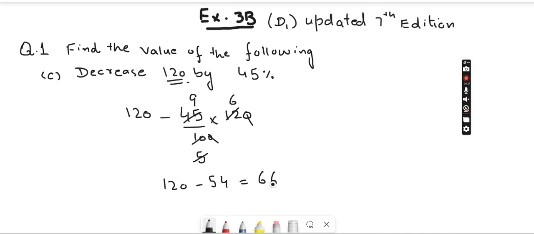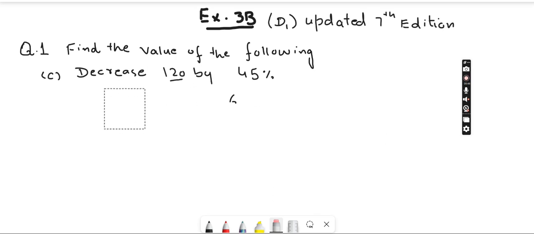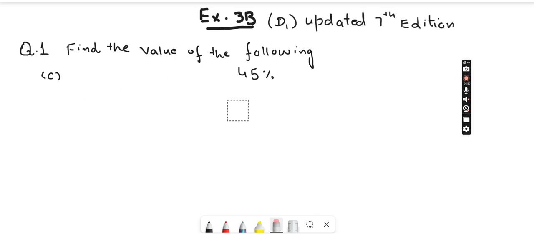After that, the D part is a little bit tricky. What D part says, this is also of decrease. Decrease 216 by, I'm erasing this one part of the question. So when you have to take increase, you will use the addition sign, or in case of decrease you will use the subtraction sign.